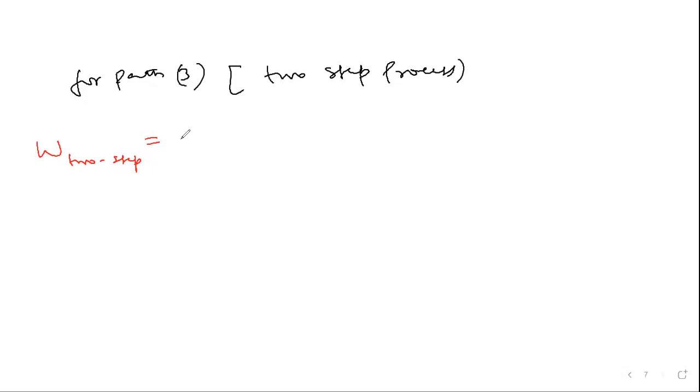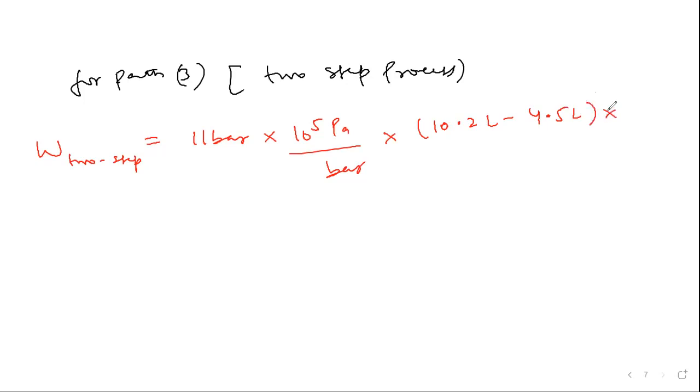So my solution is this. 11 bar, which is the pressure in the first portion of the path, times the conversion 10 raised to 5 Pascal over bar, times my final volume in the first portion of the path, 10.2 liters, minus the initial volume, 4.5 liter, times the conversion factor 10 raised to minus 3 cubic meter over liter, plus the work done for the second portion of the path, which takes place at a constant pressure of 4.5 bar.